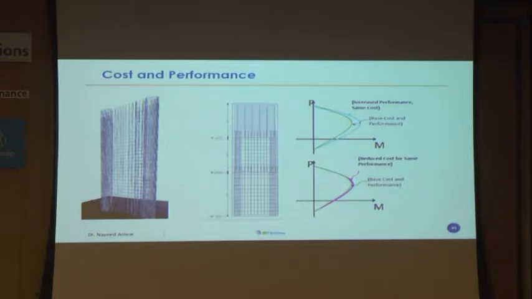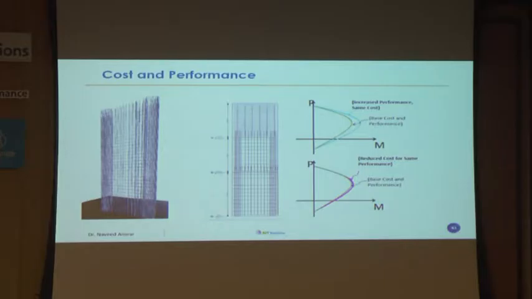Reinforcement in a wall. If you distribute the reinforcement, you get a certain performance, which is, let's say, the moment capacity curve. And if you distribute it differently, you get another capacity curve. Nothing has changed. The reinforcement quantity is the same, only the arrangement has changed a little bit.